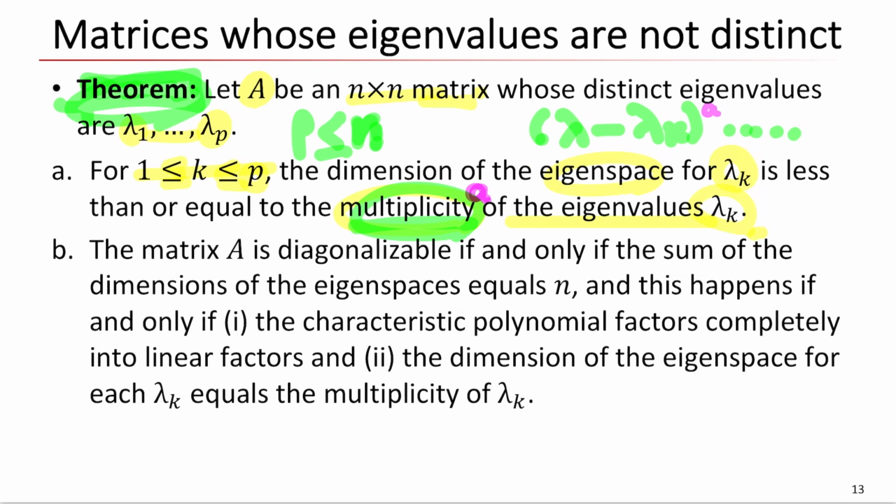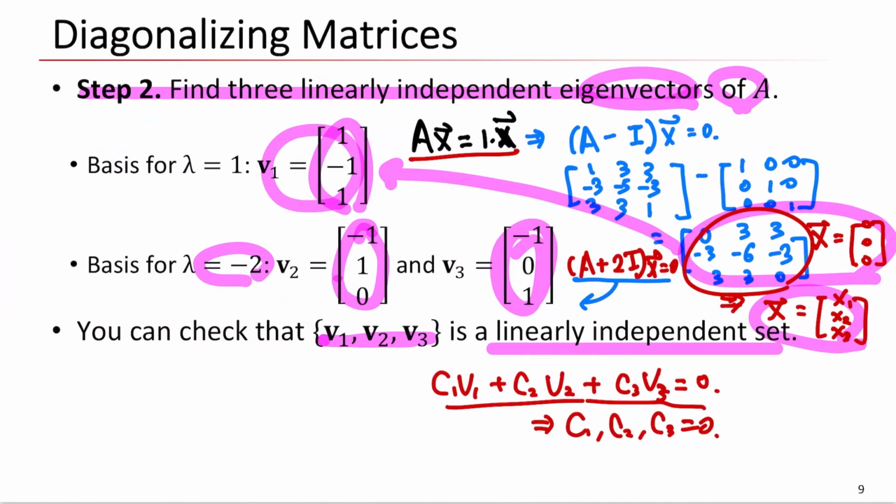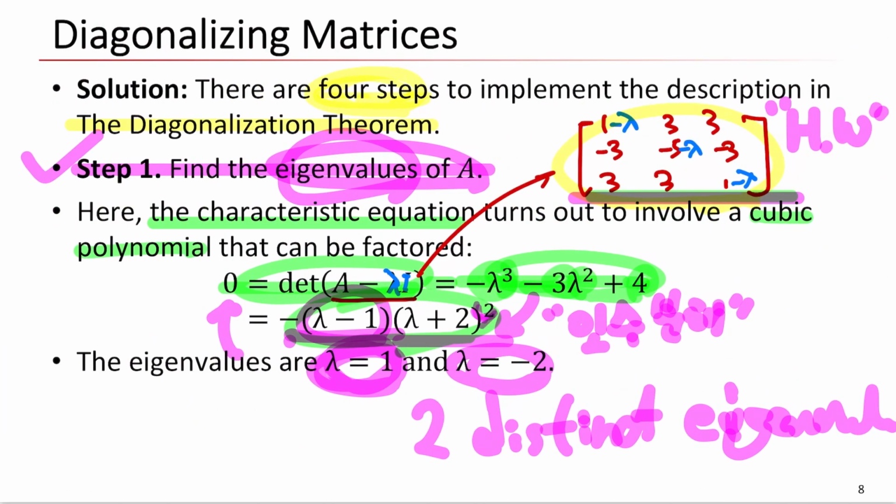This is the characteristic equation, or the characteristic polynomial, right? In this case, the dimension of the eigenspace is less than or equal to the multiplicity. So if the multiplicity is 2, the dimension of the eigenspace is less than or equal to 2. Let's see this example. The multiplicity of lambda equal to -2 was 2, right?